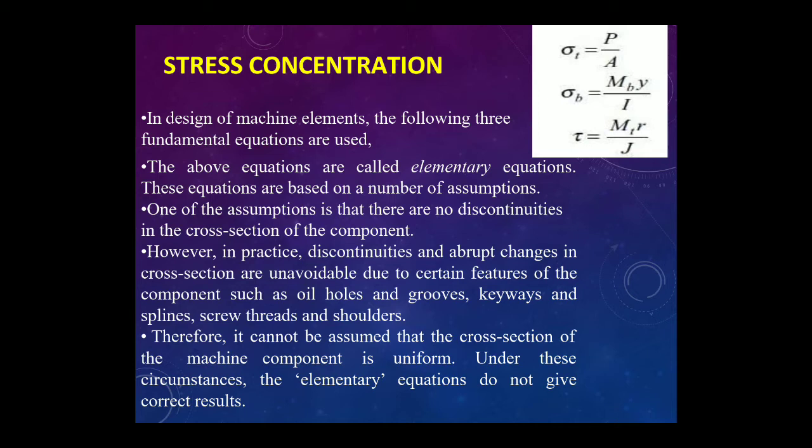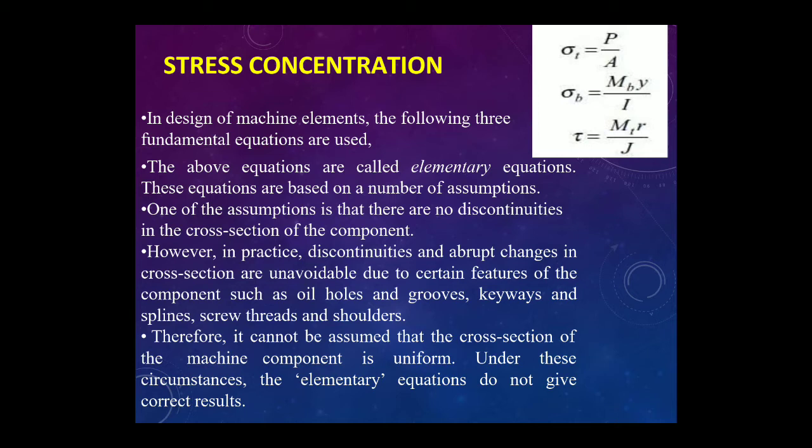However, in practice, discontinuities and abrupt changes in cross sections are unavoidable due to certain features of the component, such as oil holes and grooves, keyways and splines, screw threads and shoulders. Therefore, we cannot assume that the cross section of the machine component is uniform.